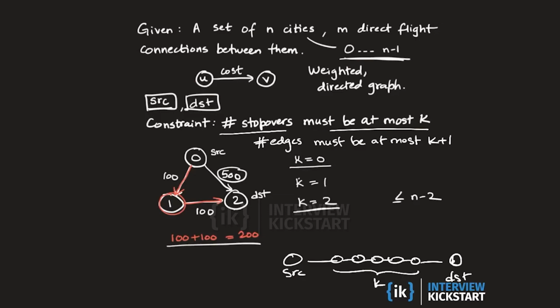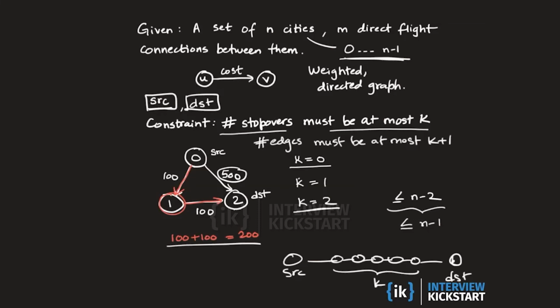So that would be k plus 1. And we know that the shortest path from the source to the destination can have a length that is at most n minus 1 hops long. If it was any longer than that, then some vertex would get repeated, which we know is impossible.